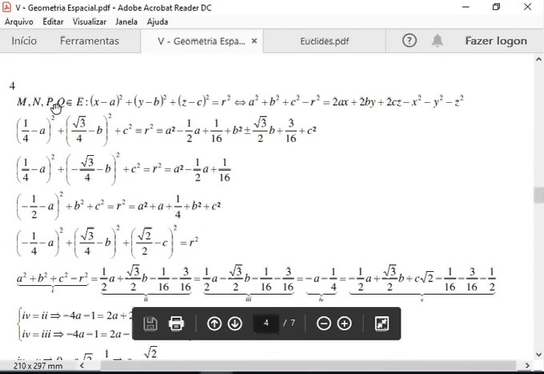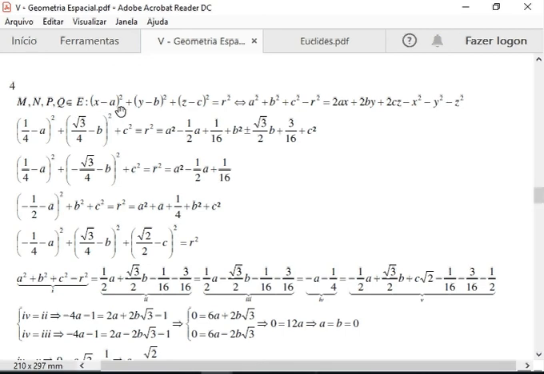M and PQ belong to the sphere (x - a)² + (y - b)² + (z - c)² = R² if and only if... We're going to isolate what?